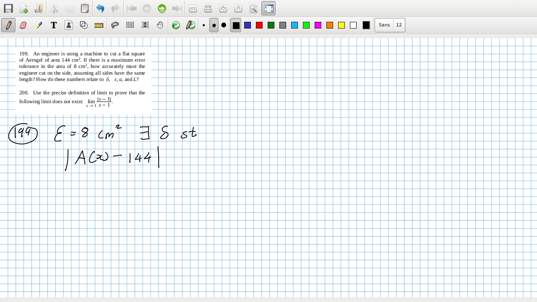So the difference between the area and 144, that should be less than epsilon 8. So that would be x squared minus 12 squared less than 8.